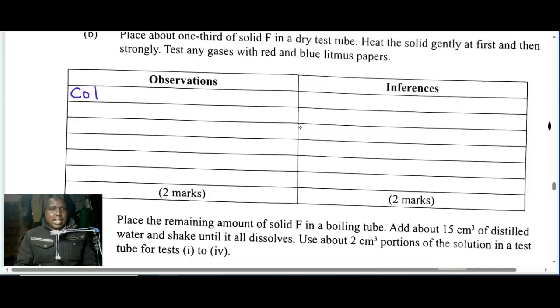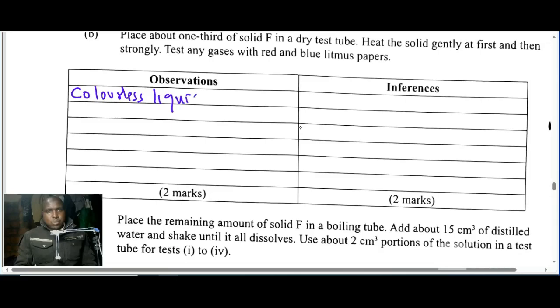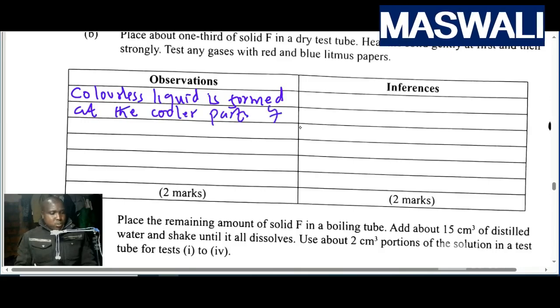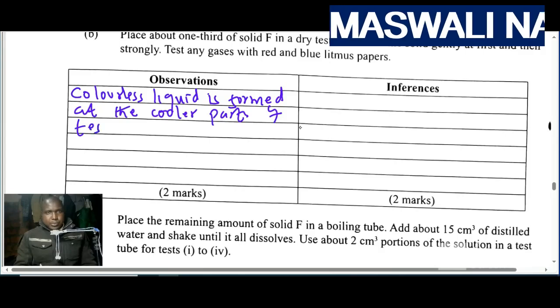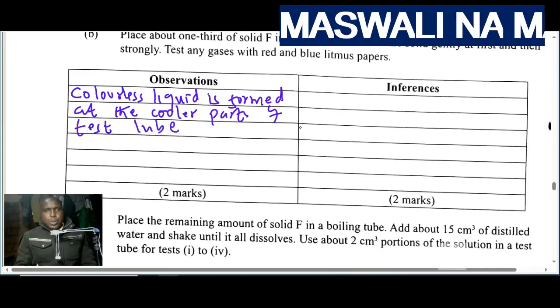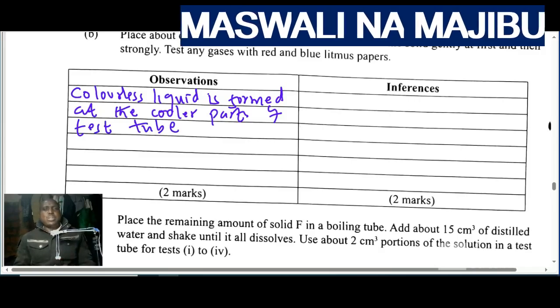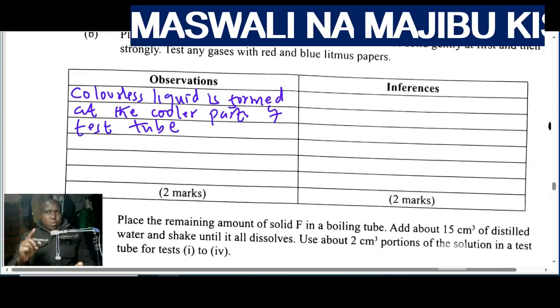liquid formed. So the first thing we want to see is that a colorless liquid is formed where? At the cooler parts of the test tube. Whenever you heat a solid, we expect you to tell us that there's a colorless liquid which is formed.